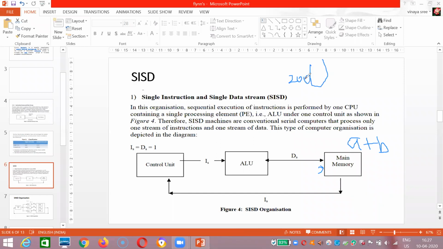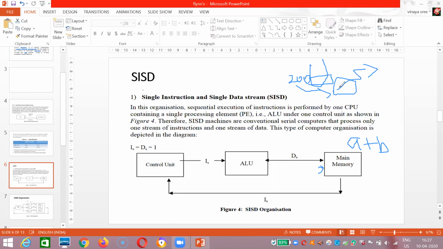So initially inside the program counter, let us consider there is an address called 200. Let us consider the previous instruction completed. Currently the processor wants to execute the instruction at address 200.